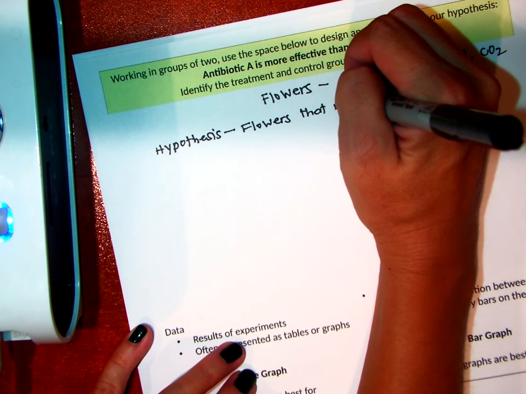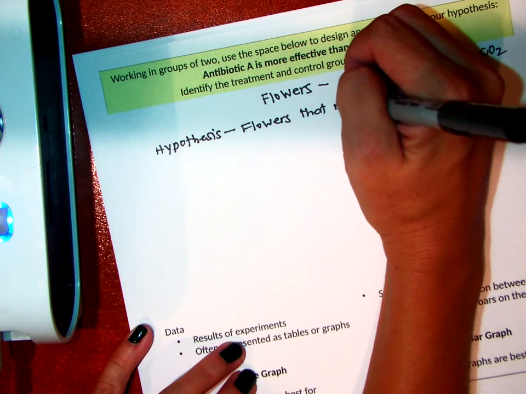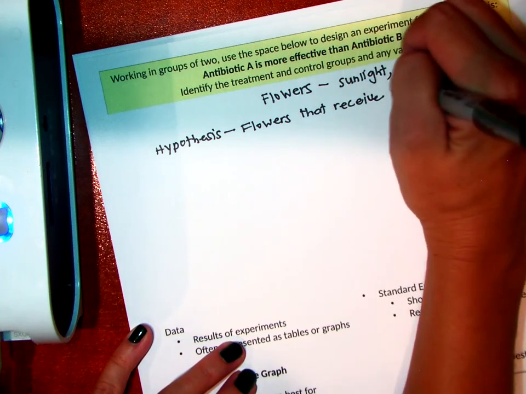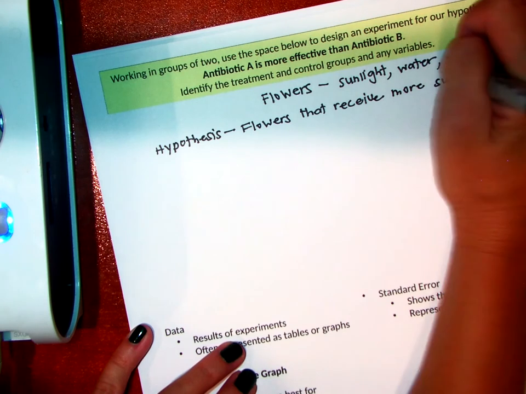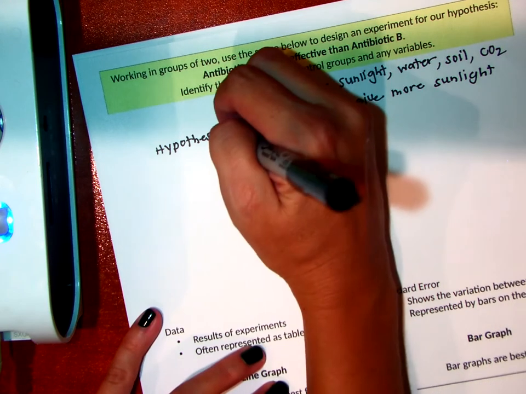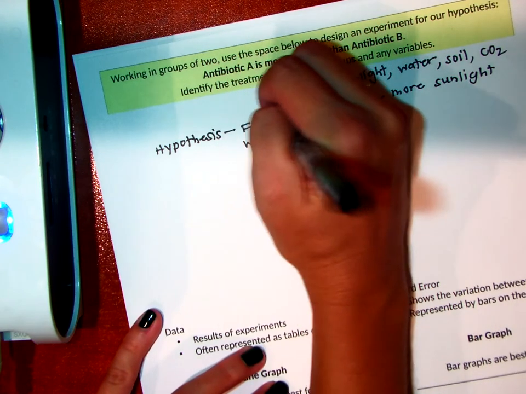I'm trying to think how to spell this. I before E except after C. Okay. That receive more sunlight will grow to a greater height.